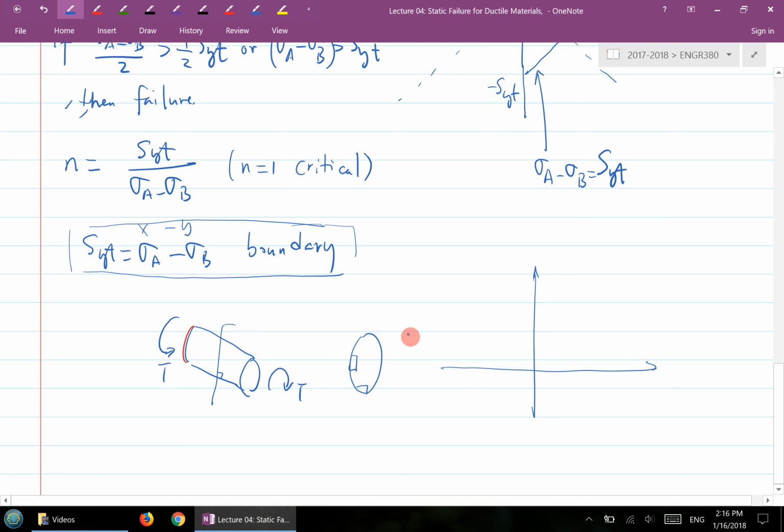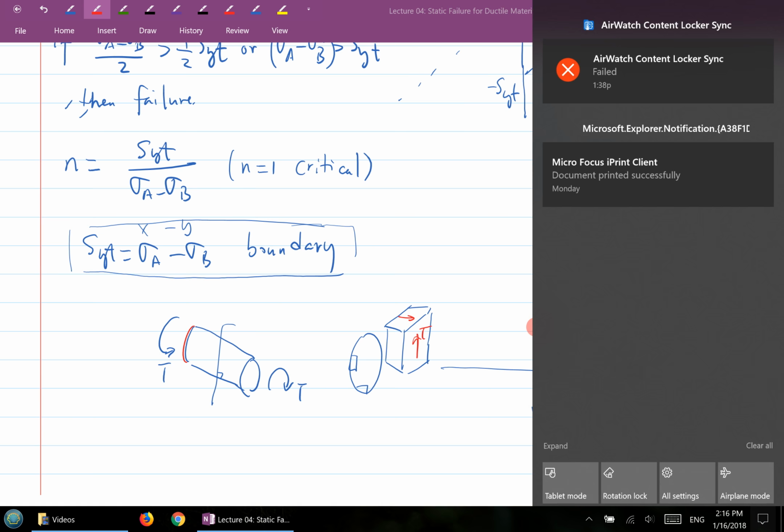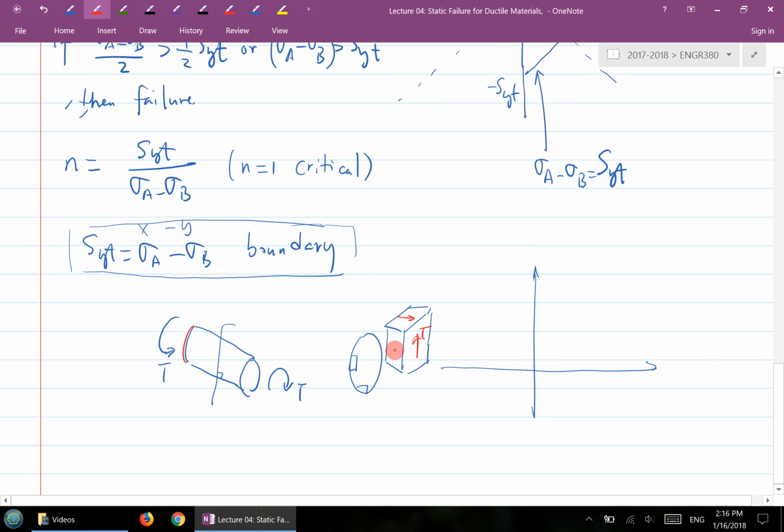So if you take a stress element, all you see is that only shear stress exists on the stress element. And then when you draw the Mohr circle based on that stress element, using the steps we learned for drawing a Mohr circle, you get a circle centered around the origin.